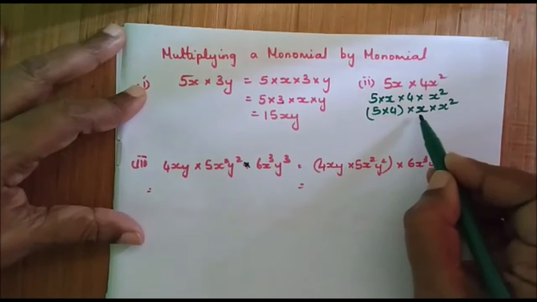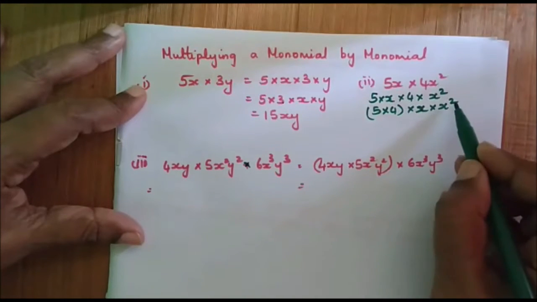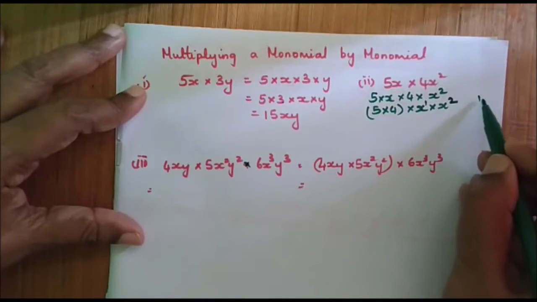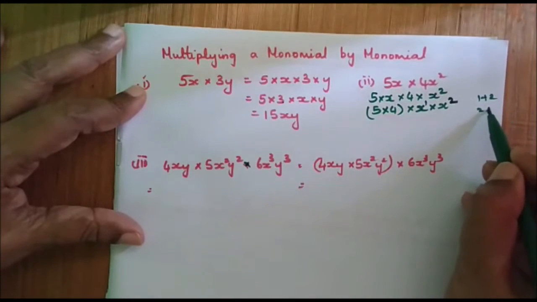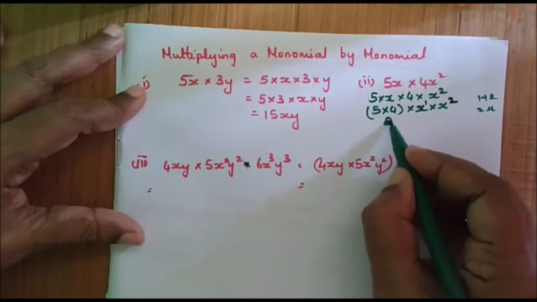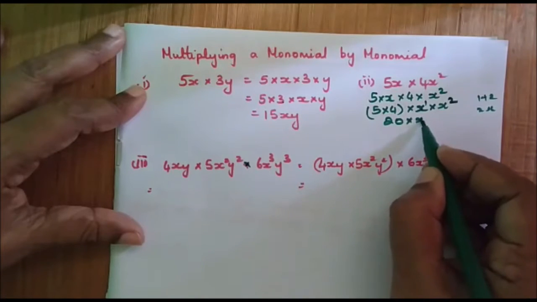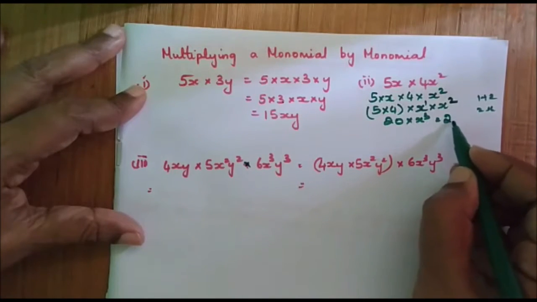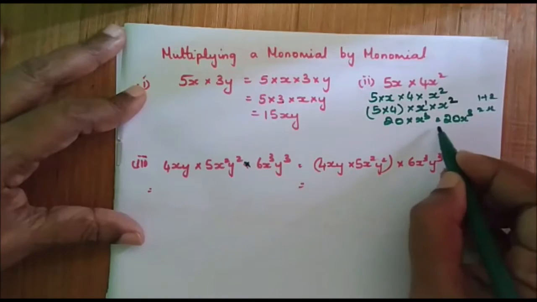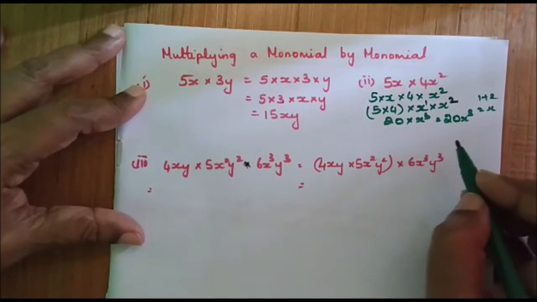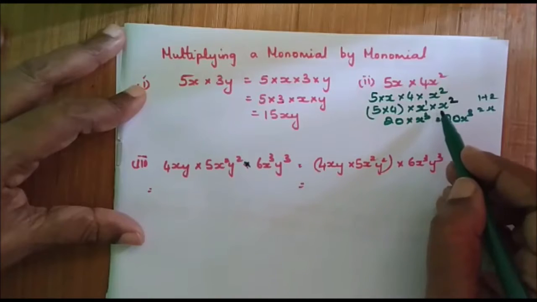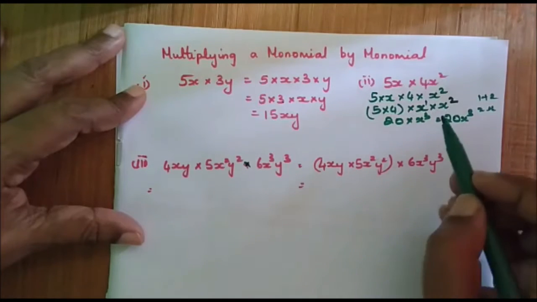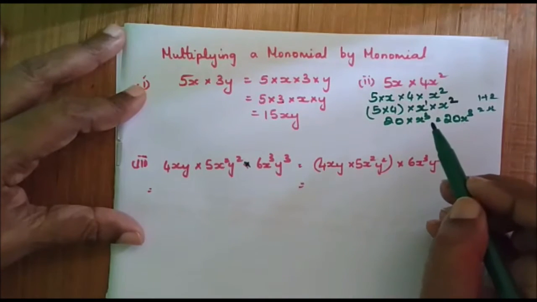When we multiply variables which have powers, this has power 1 and this has power 2, so it will be 1 plus 2 equals 3. So this will be 20 into x cubed, or in other words 20x cubed. I hope you understood how we did this. X into x squared is x cubed. The powers will get added up.